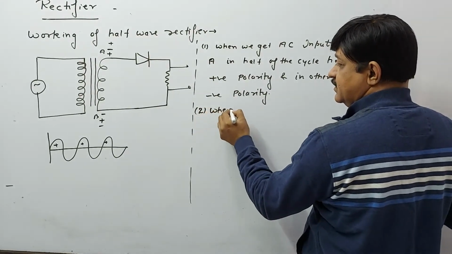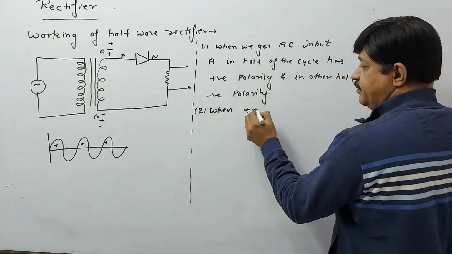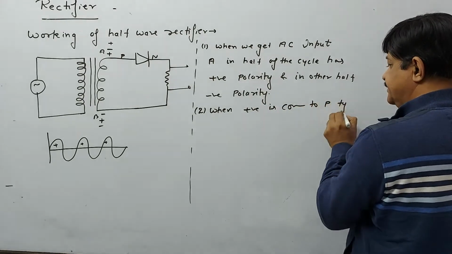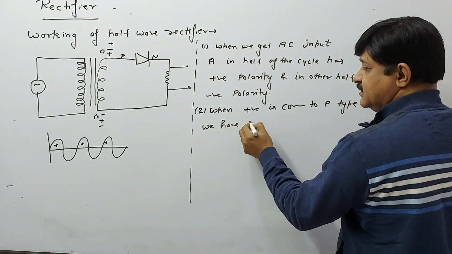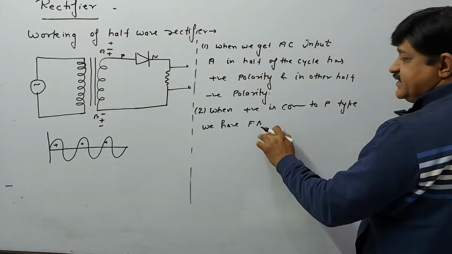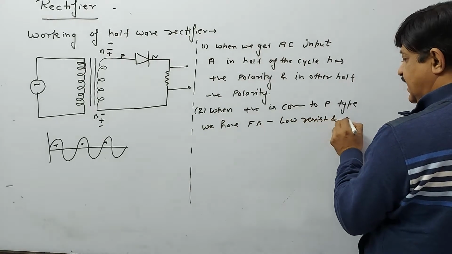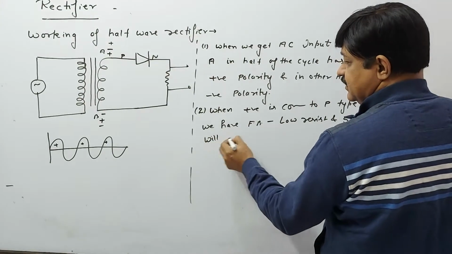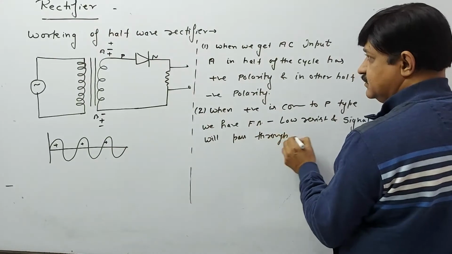When A is connected to P type, we have forward bias. P is connected to positive, so it should be forward bias. It offers low resistance and the signal will pass through the PN junction.